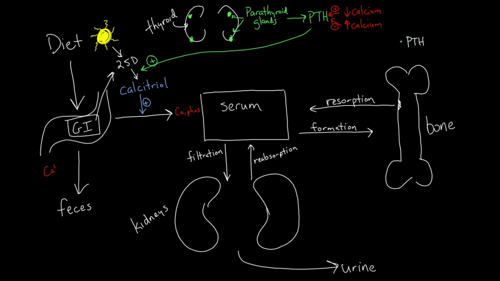While in the intestine, calcium can combine with anions such as phosphate and oxalate to form insoluble salts that are not absorbable and that are subsequently excreted in the feces.